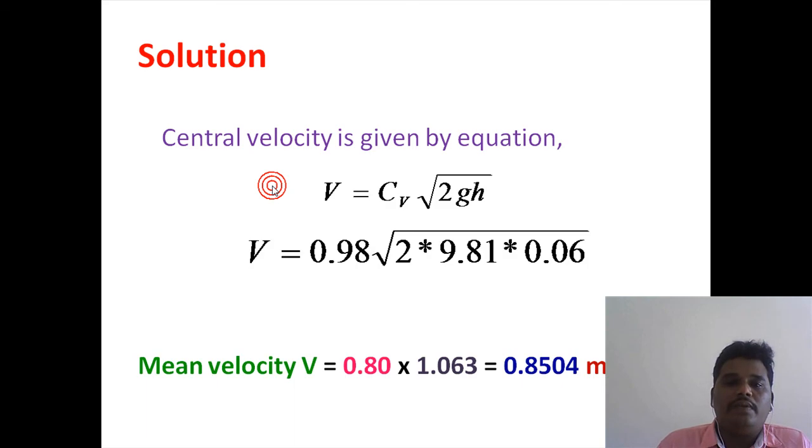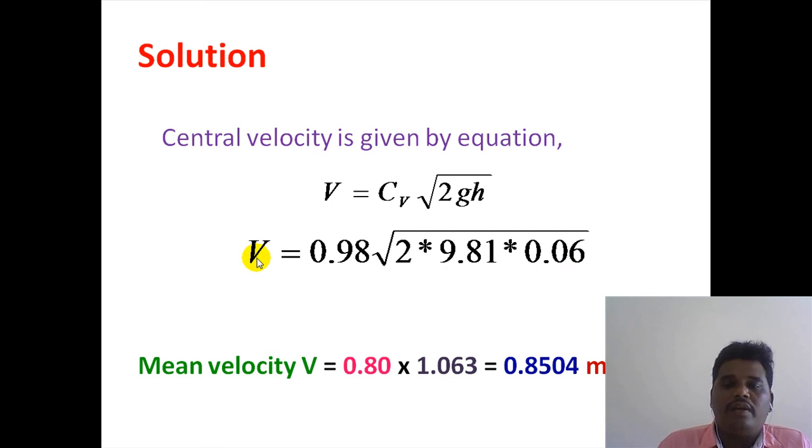Now the actual velocity is equal to 0.98 multiplied by root of 2 into 9.81 into 0.06. This central velocity is nothing but the actual velocity. We get V equal to 1.063.